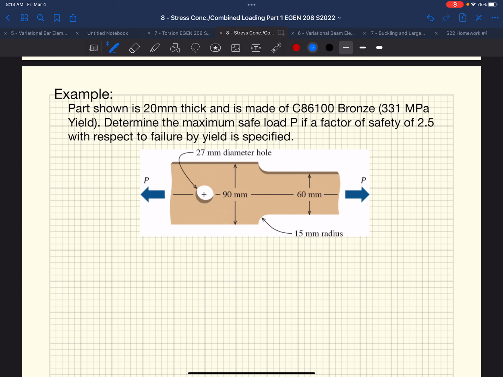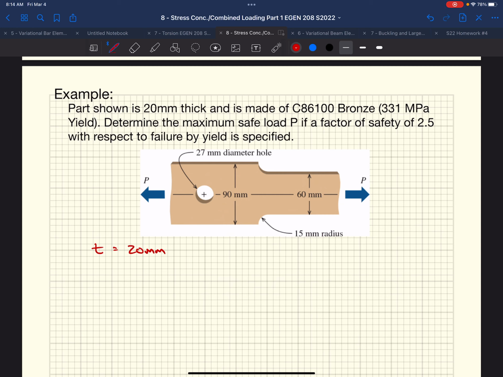What do we know? We know that we have a thickness, it's 20 millimeters. They also give us those dimensions of our shouldered fillet, right? They say it's 15 millimeter radius. They say that our net width is 60 millimeters, the smallest width. The overall width is 90 millimeters.